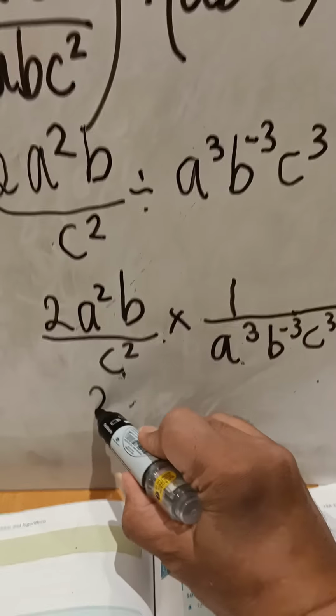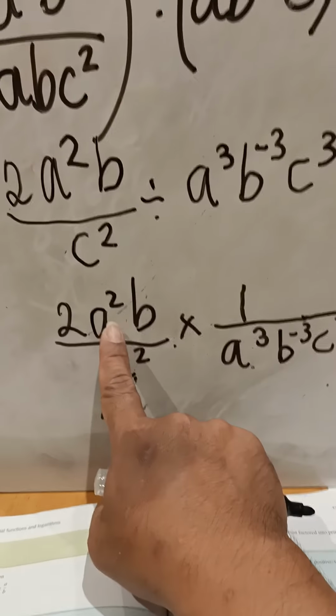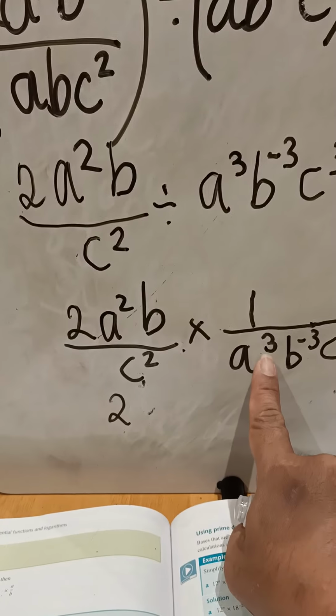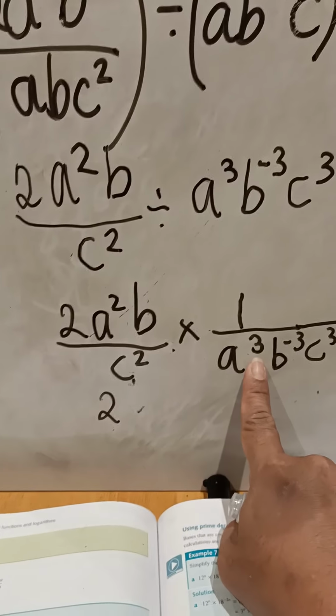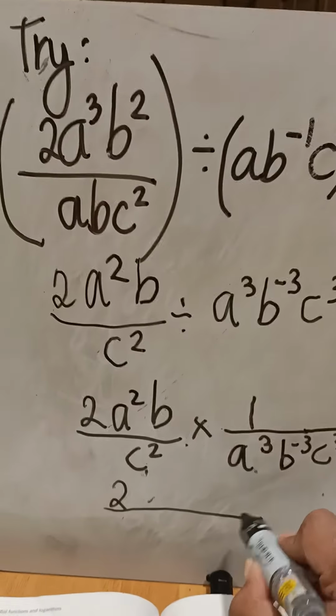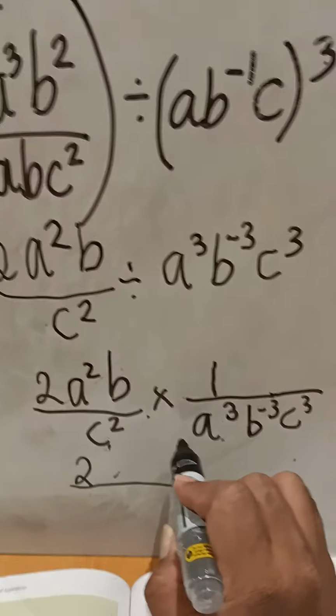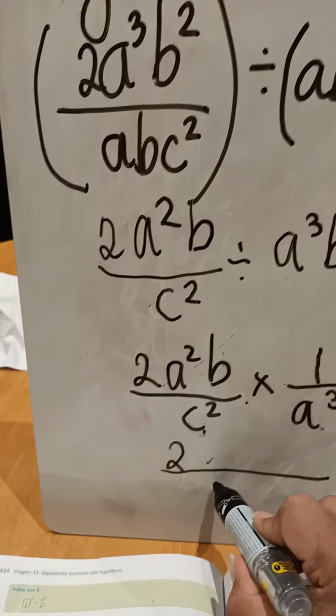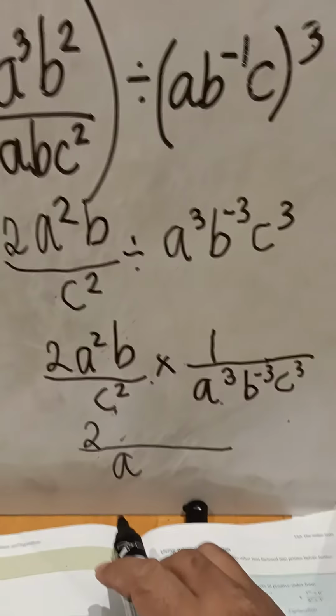For a, a squared over a to the power of 3, whatever is bigger, so 3 minus 2, we have a to the power 1 or a.